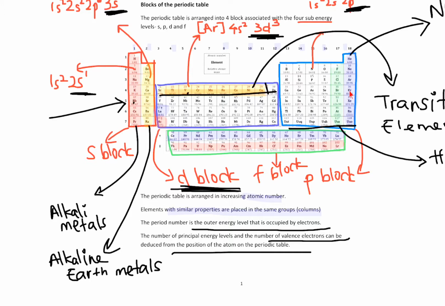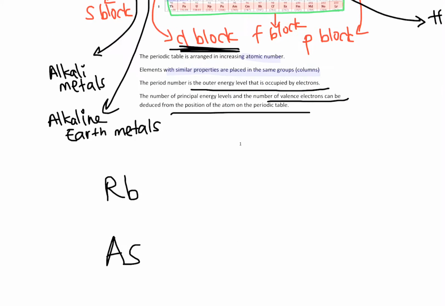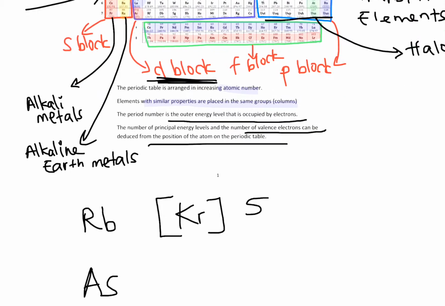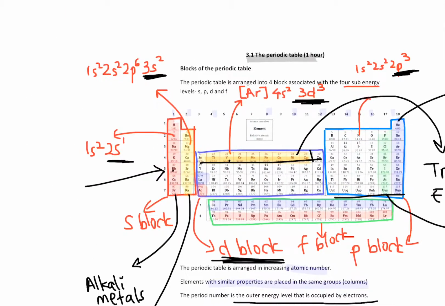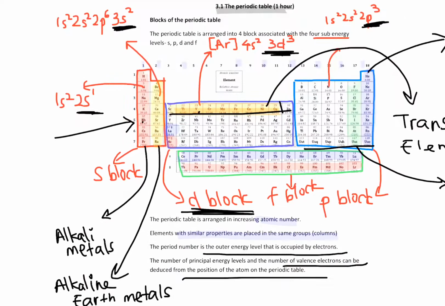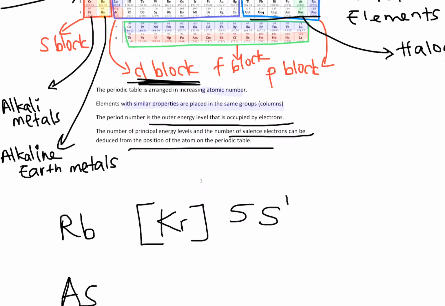So this is krypton. We'll start the electronic configuration from krypton, so we'll write Kr. Because it's in period 5, so 5, and because it is in the S block, so S, and because it is in group 1, so 5s1. So here you have it for rubidium.